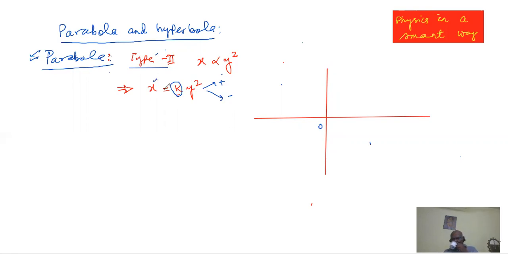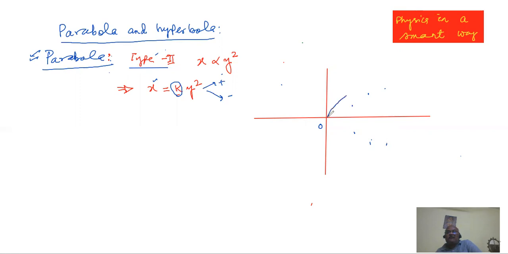So here y is plus and y is minus, and our x comes out as positive. We can visualize y is plus, y is minus, but x is plus.